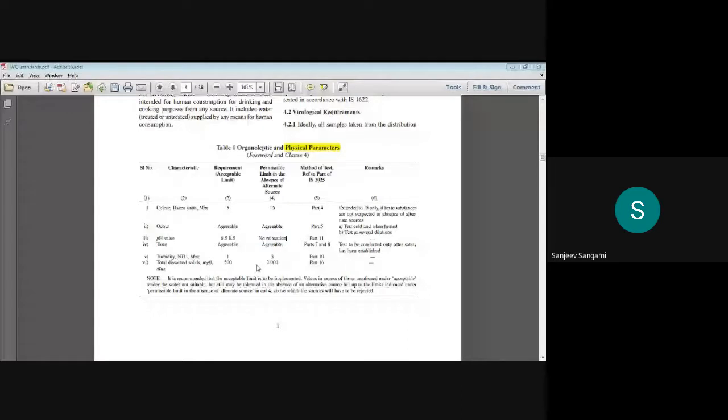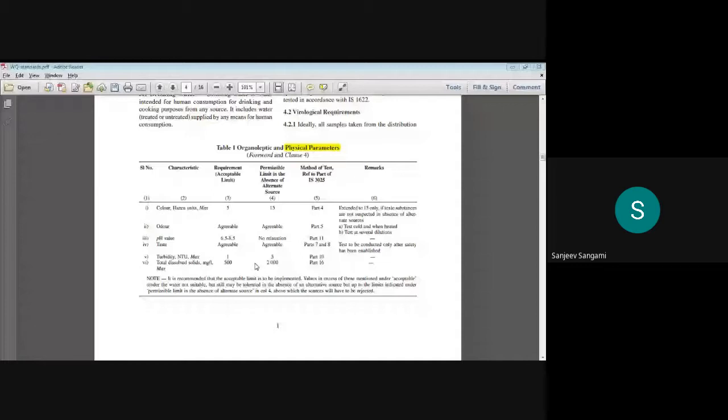Above that, even if it comes to 8.56, it is rejected. If it is 8.51, rejected. Okay, 8.49 is acceptable. Even below, if it is in the acidic range, if it is 6.4, again it is rejected. Only 6.5 to 8.5 is acceptable. There is no permissible limit for this.